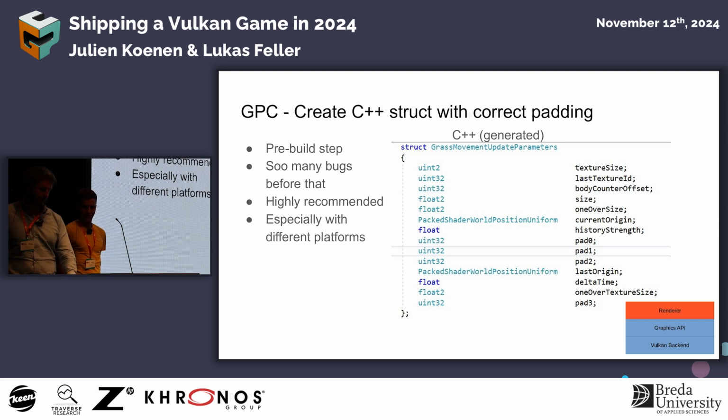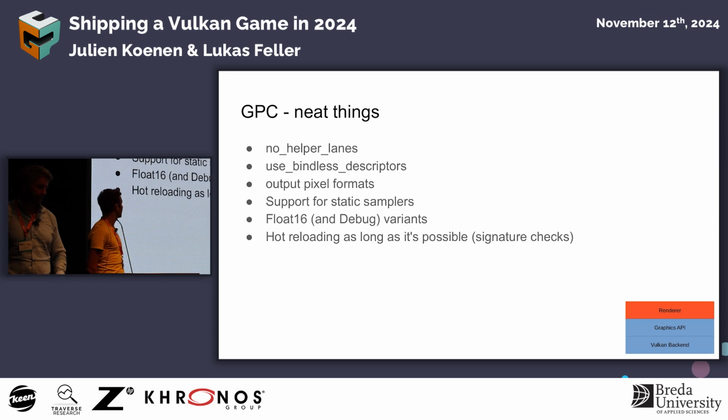So another neat thing that we added to GPC: we have a couple of small features. For example, we have a no helper lanes annotation. You can add that to a rasterization pipeline, and with that, we check the SPIR-V instructions, whether there's any instruction in there that requires helper lanes.